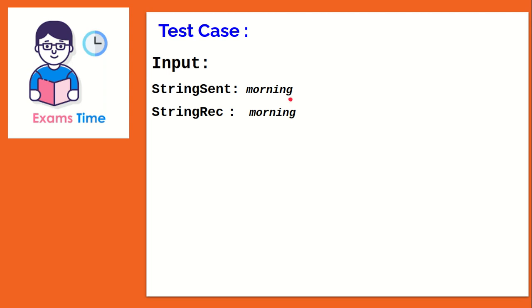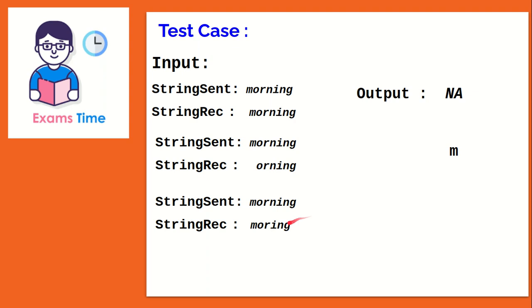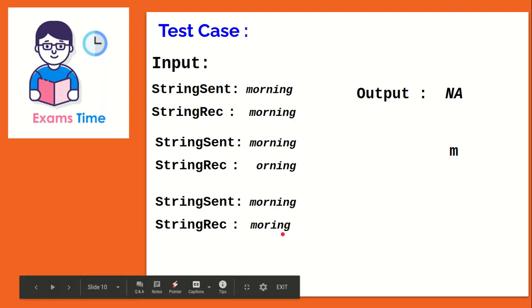Now the other category is the missing character at any position within the string. Here the position of the missing character can be first, in between and last. So there are other ways too you can implement the solution. So students, go ahead with your solution, but don't forget to check all these test cases.